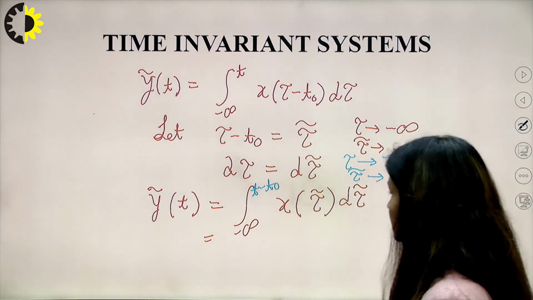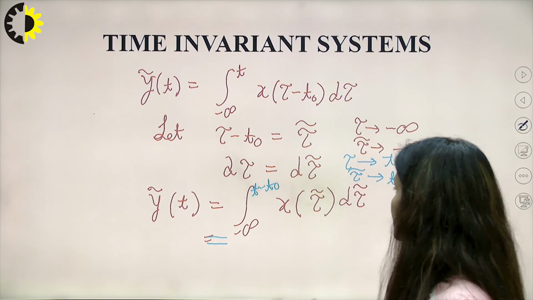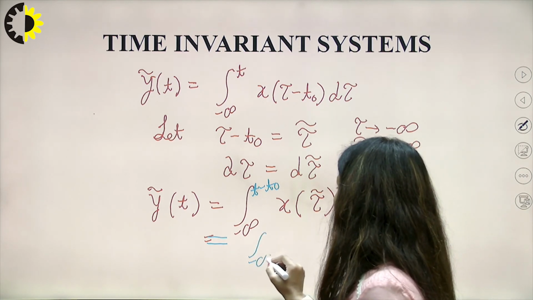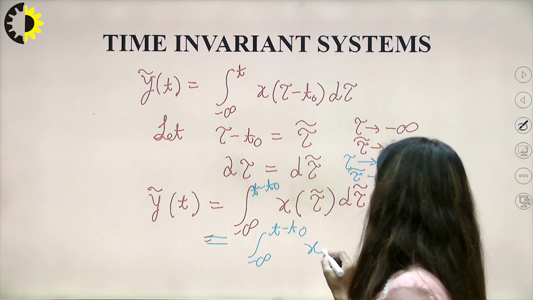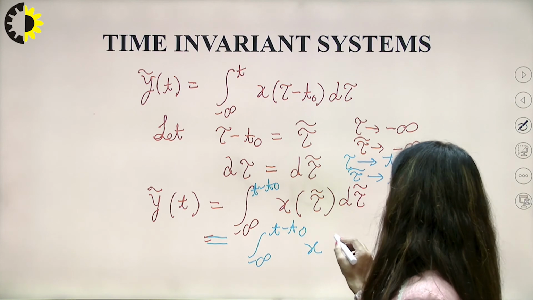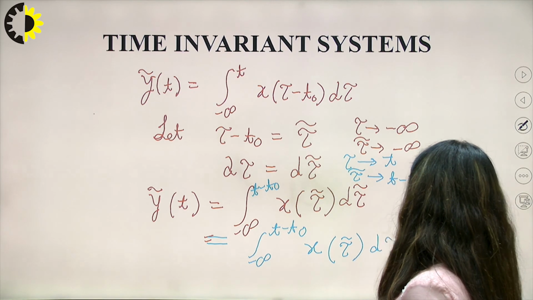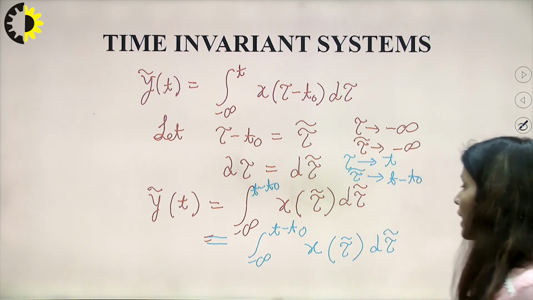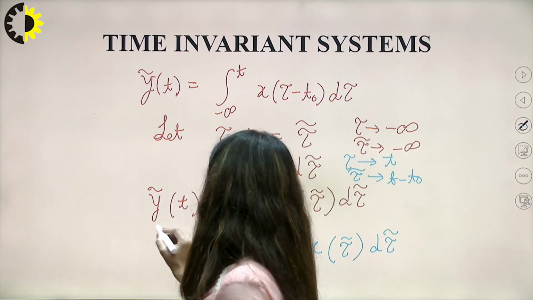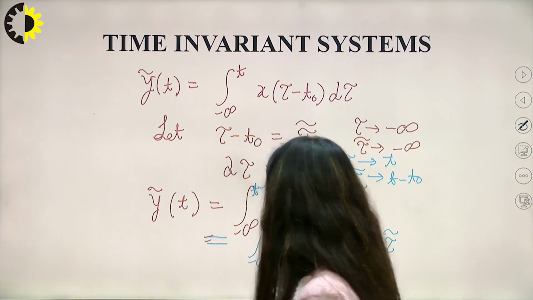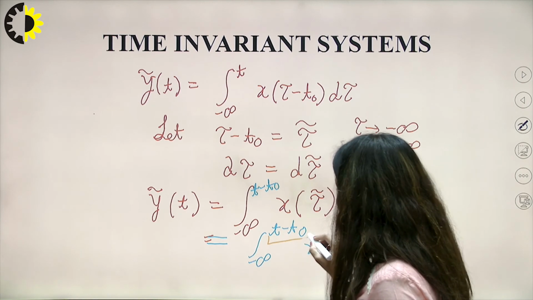So this particular integral becomes the integral from minus infinity to t minus t naught of x(tau bar) d tau bar, and my output here was y bar(t). Now I can say that it has been shifted by t naught units.